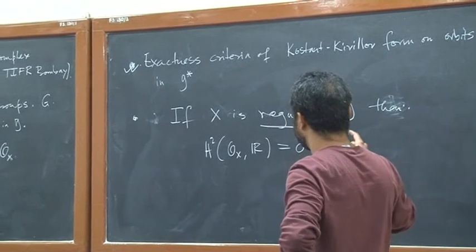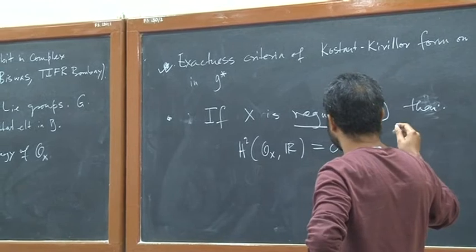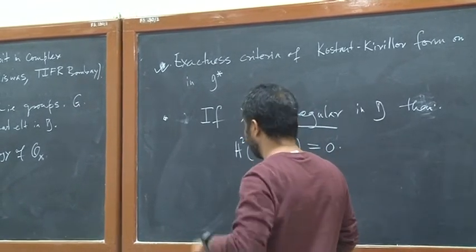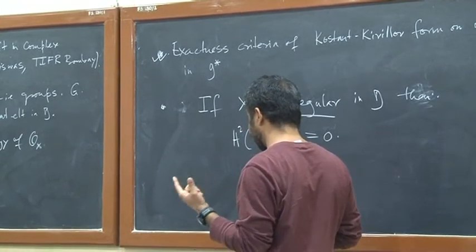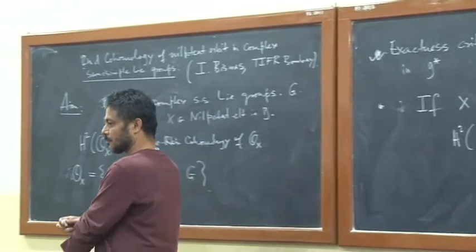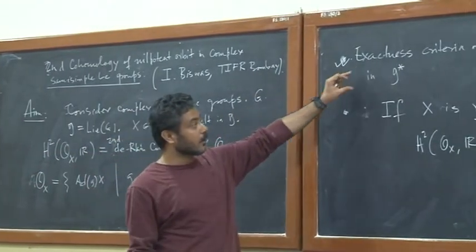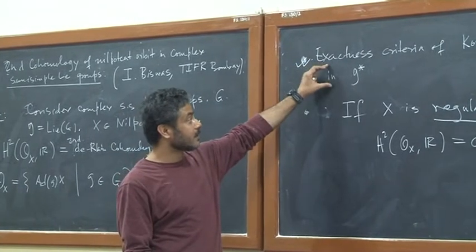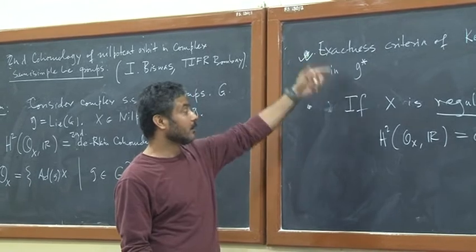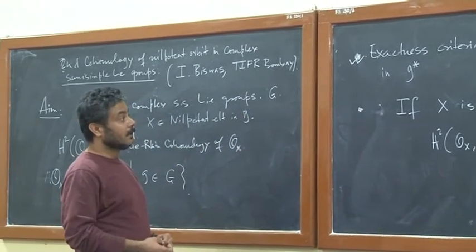More generally, if I take any x in G and the corresponding adjoint orbit, then the Kostant-Kirillov form is exact if and only if the eigenvalues of ad x are all zero. In particular, for a nilpotent orbit the eigenvalues are all 0, so the two form is exact.